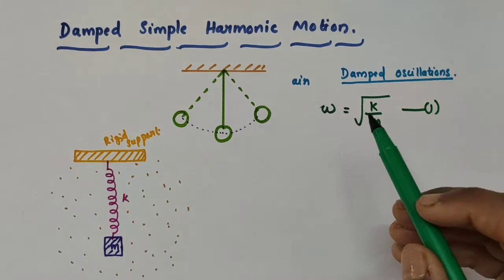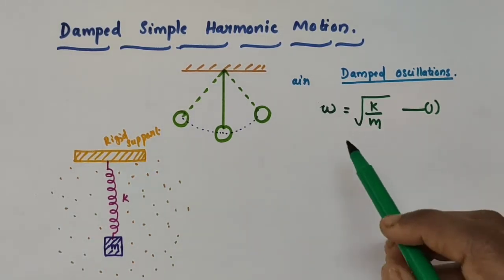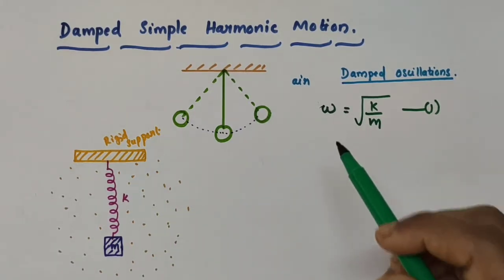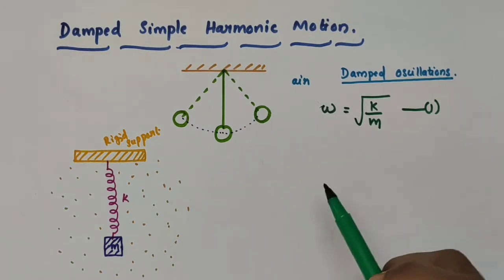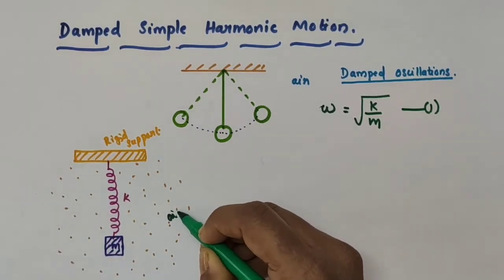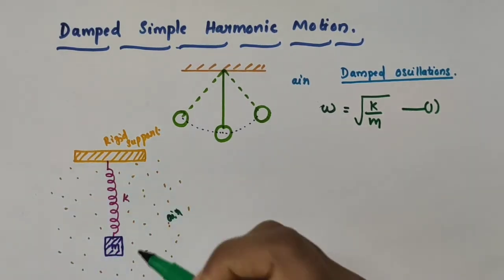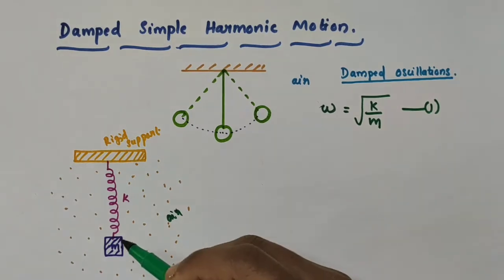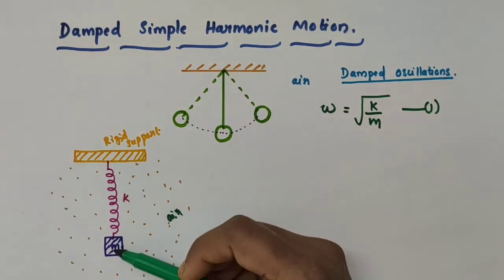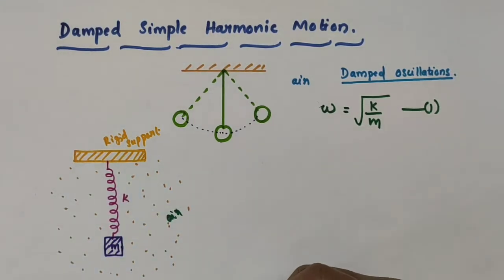Actually, we have discussed this formula in our previous video while discussing the force law for simple harmonic motion. I hope you remember this, otherwise I will provide the link in the description box. Here, the air, which is the surrounding medium of the system, will exert a damping force on the motion of the block, and hence the mechanical energy of the spring block system decreases.